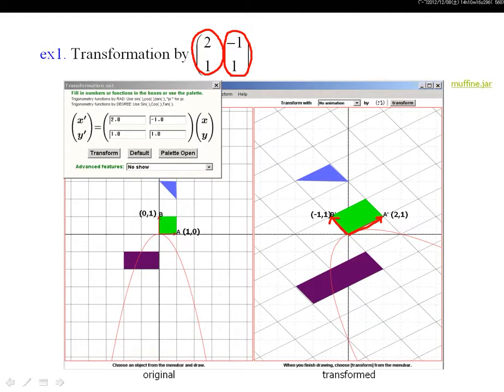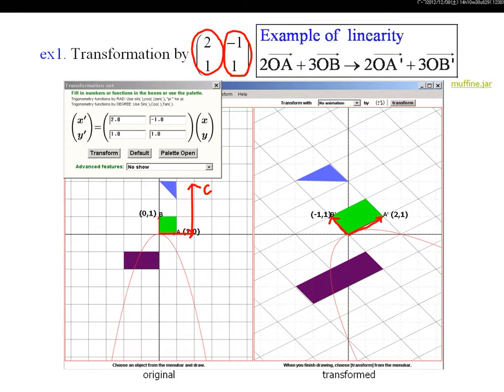And what is interesting about linear transformation is that you don't have to calculate at all to see the images of other points, like 2OA plus 3OB. By linearity, it moves to 2OA dash plus 3OB dash.